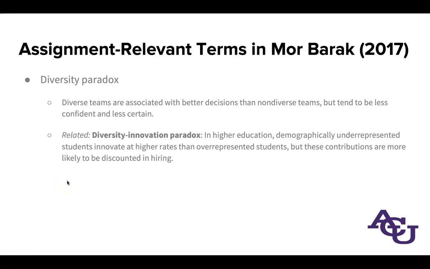You might also be familiar with the diversity innovation paradox, which is applying the diversity paradox to the context of innovation. In this case, we'll talk about it in higher education, because in higher education, the diversity innovation paradox refers to demographically underrepresented students. It depends on your institution, but if we go for the U.S. as a whole, that's going to be, for example, Native Americans, Hispanics, and people of African descent, who are historically underrepresented in American colleges.